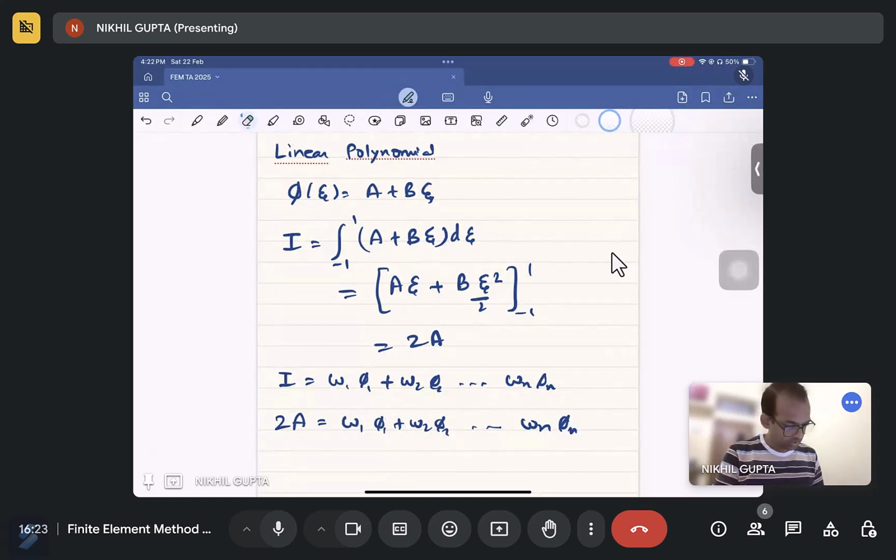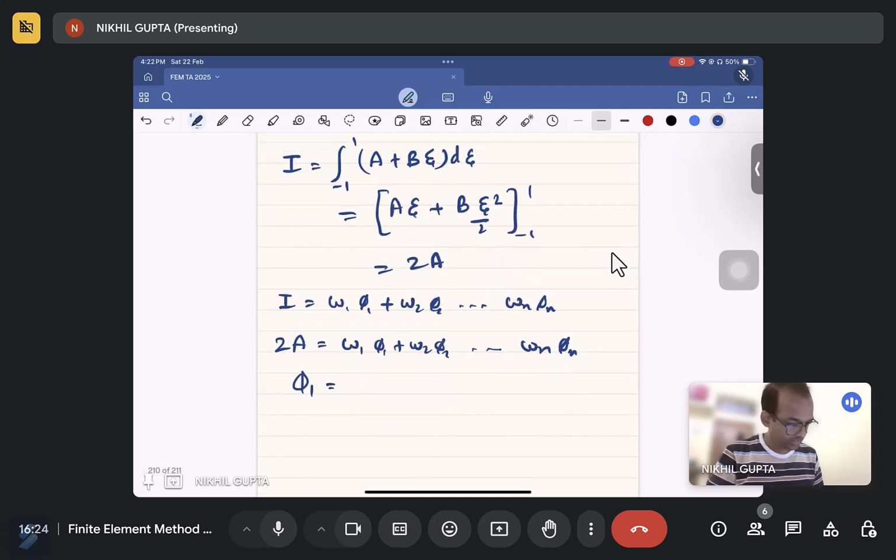We'll compare this and this. This is a constant term, phi 1. Let's compute phi 1. When you are using a one point quadrature to solve the integration, your xi is 0.